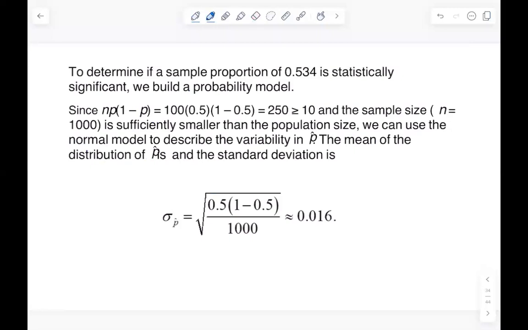So we look for our standard deviation, the new standard deviation based on the sampling distribution. Now we're going to determine whether or not it is unusual based on what our population says.